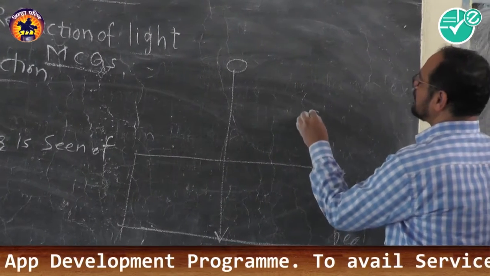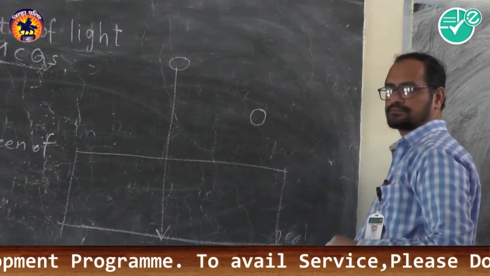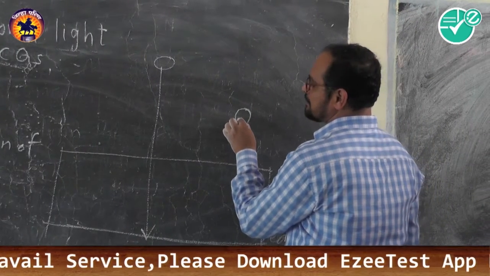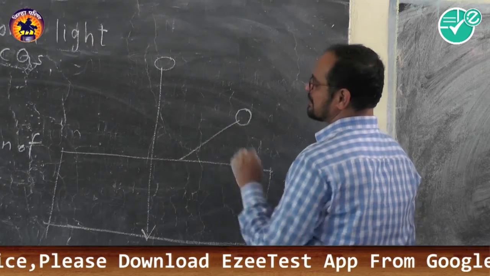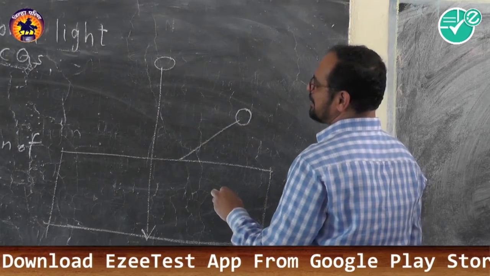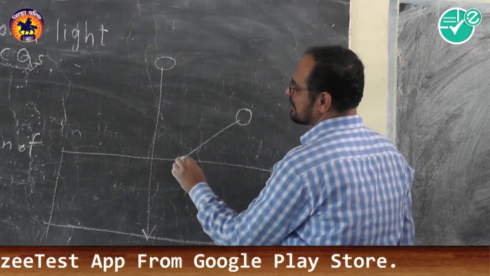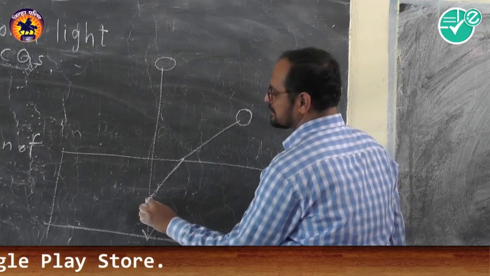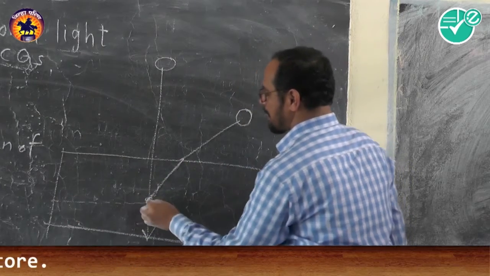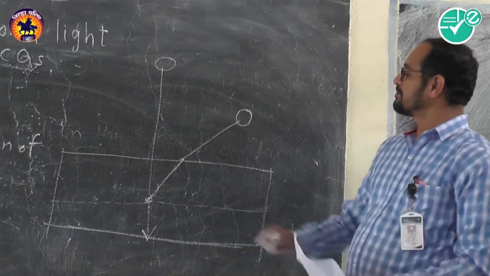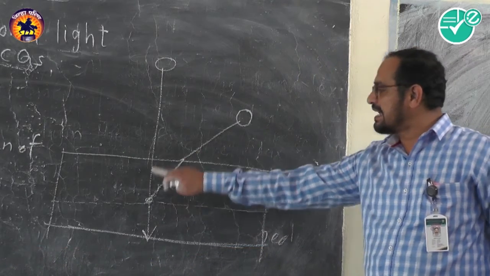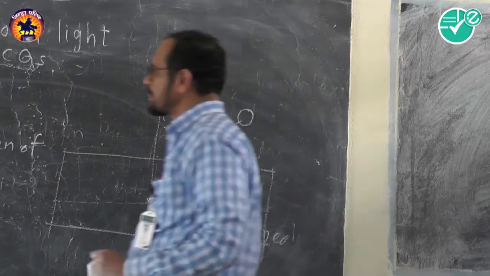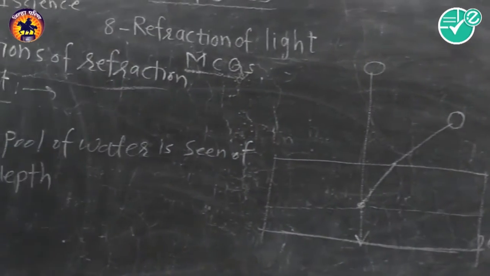But if we look from this position, the ray is incident on the surface and refracted like this, and so the bottom appears to have less depth than the actual depth. So this is also an application of the refraction of light.